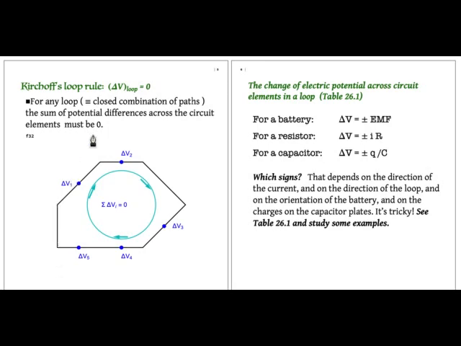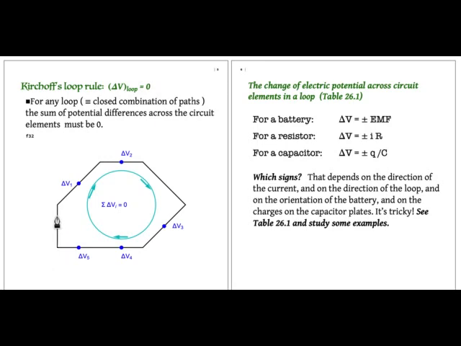So let's suppose I have, in some complicated network, a closed path like this. It follows along in some direction and then comes back to the very same point where it started.